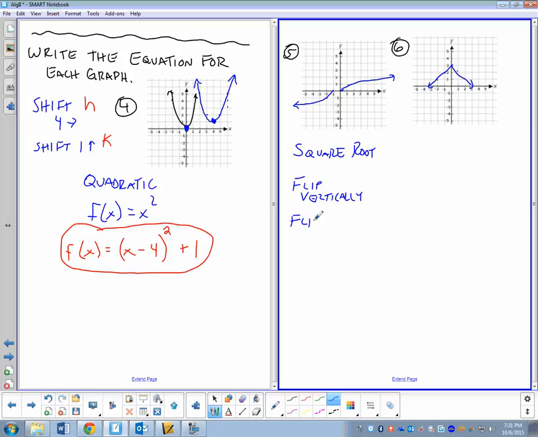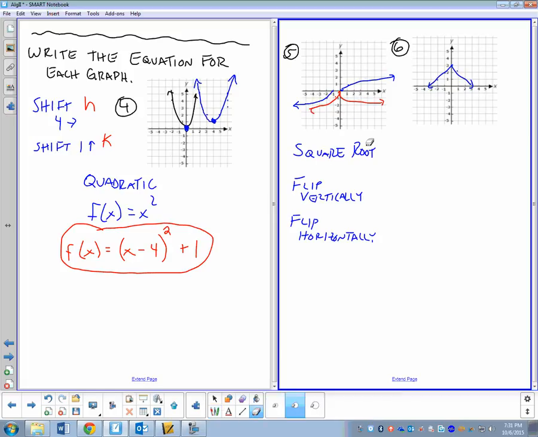And it's been flipped horizontally. So if I flip it vertically, realize that this was above the x-axis goes below. And then I flip it horizontally, meaning that this that was on the right now moves over to the left. So you can see that's almost what we have.